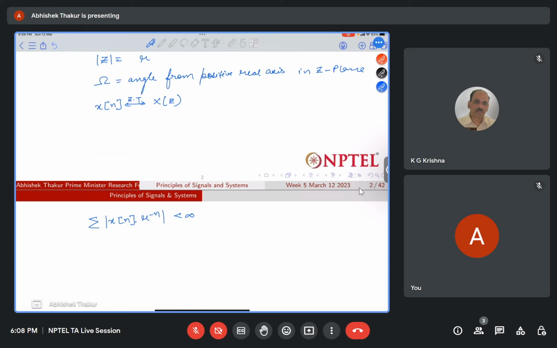So this means X(z) is less than infinity. The ROC consists of those values for which the Z transform converges.